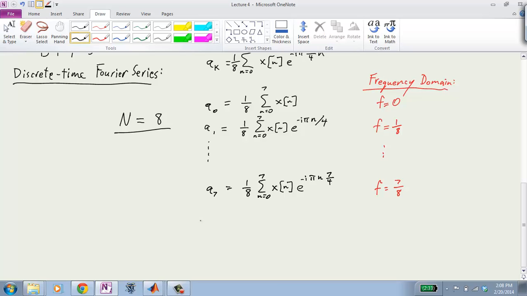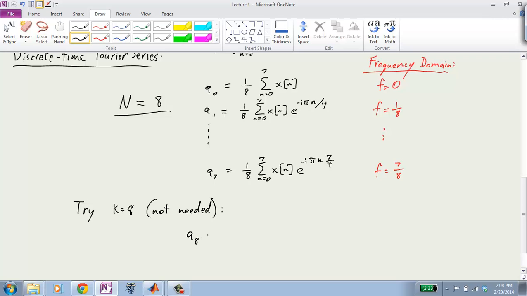All right. Let's try that. Of course, this is not needed. So we would get A8 equals 1/8 sum, and we'd have 8 over 4, which is 2, right?